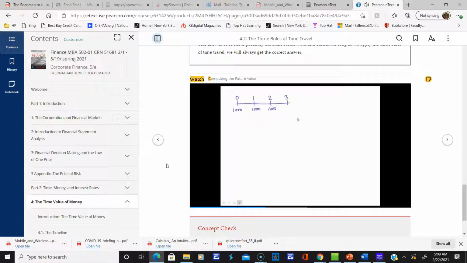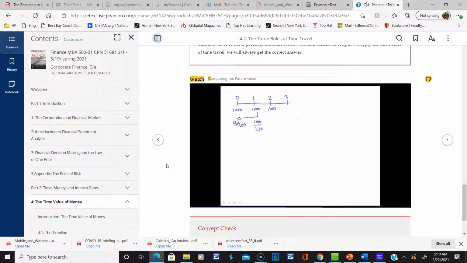That's our first rule of valuing cash flows. What we could do is get the present value of the cash flow in 1 year. We would get that by taking $1,000 and discounting it back 1 year at 10%, and that gives us $909.09.